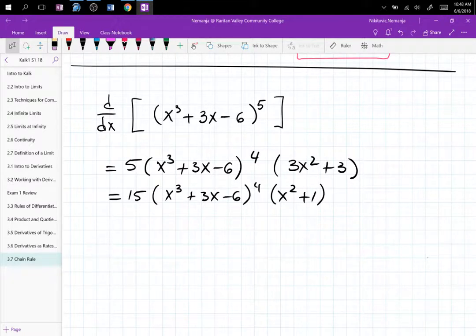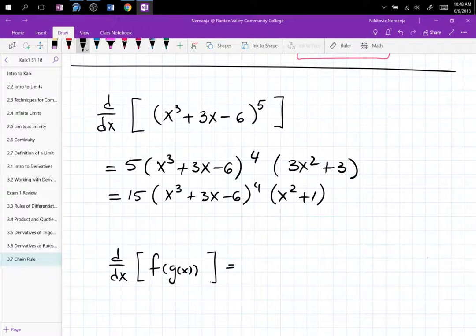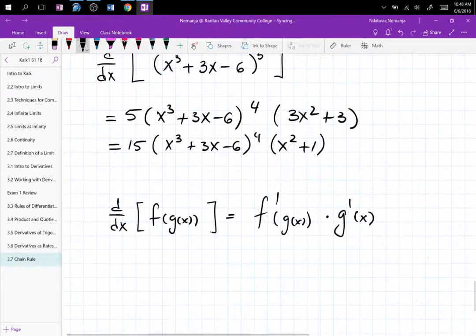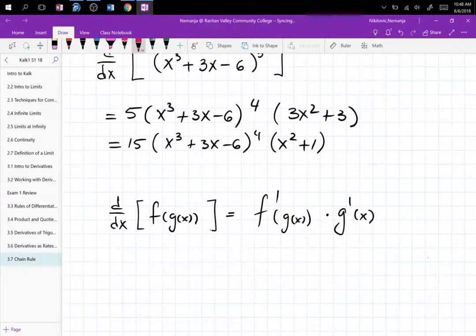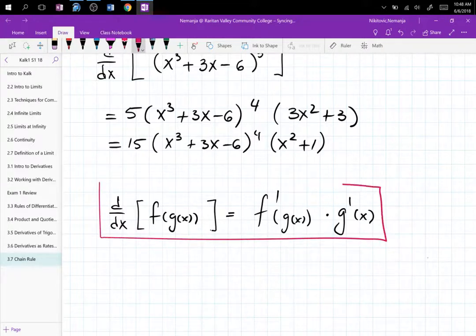So the formula that we used was that the derivative of function composition, where you plug in g of x into f, is the derivative of the outer function with g plugged in times the derivative of g. So that was the formula which we used all along. Now there is another way to write the same idea.